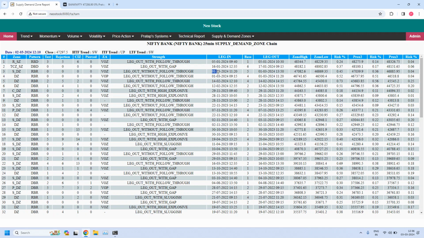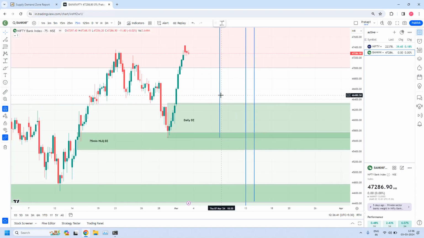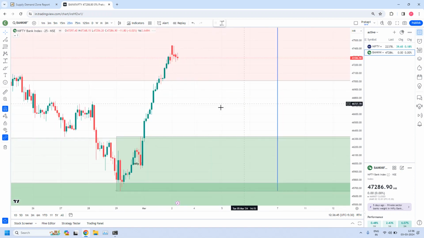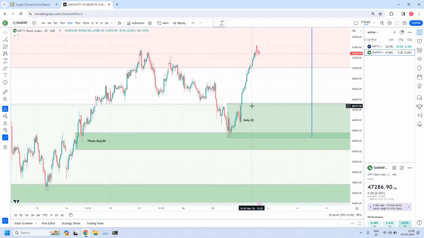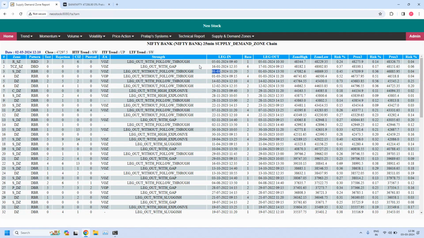This is 1-3. 1-3 means recently. Last Friday. So let me change the time frame. I didn't change the time frame, sorry. This is 1-3. 1-3, 11:20 candle.